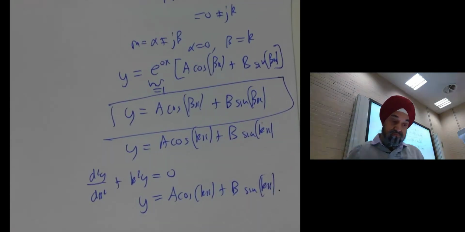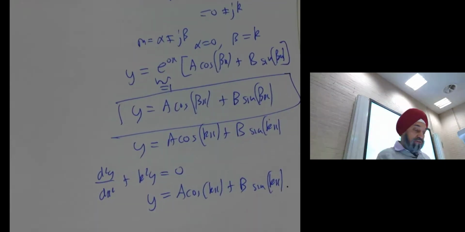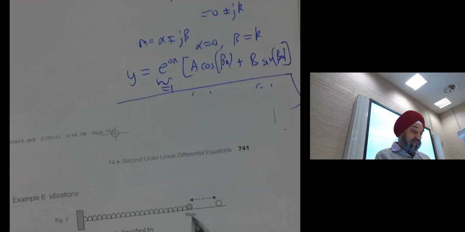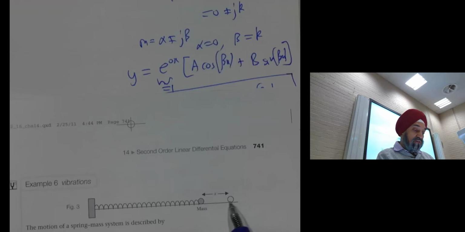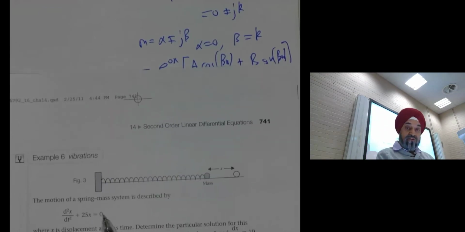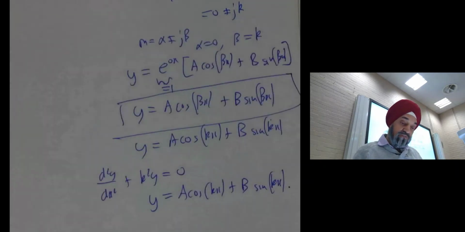So let's say you want to solve this one, a problem in vibrations. Something oscillating about some mass, left and right, and you're given this differential equation. Let's solve it. You're given some initial conditions.